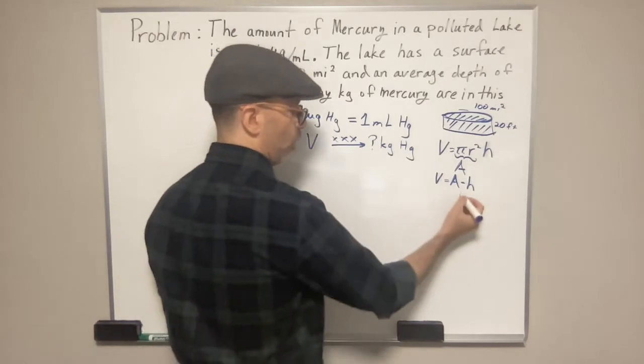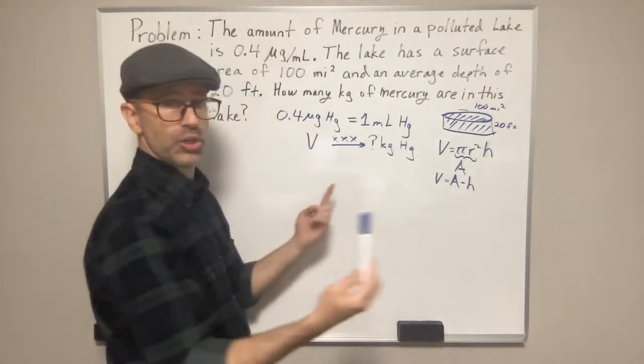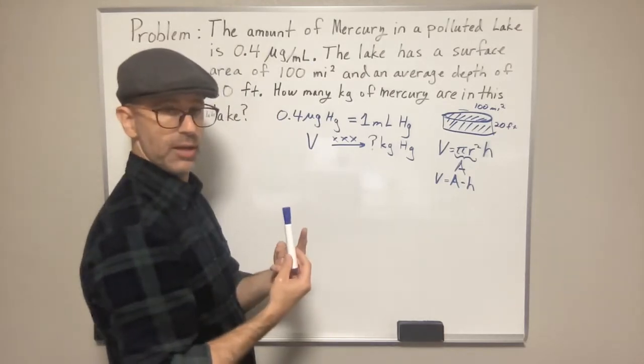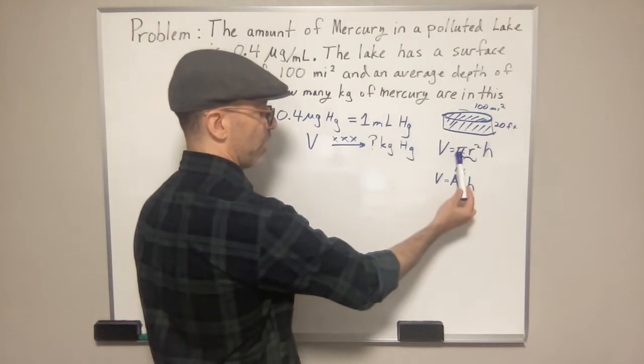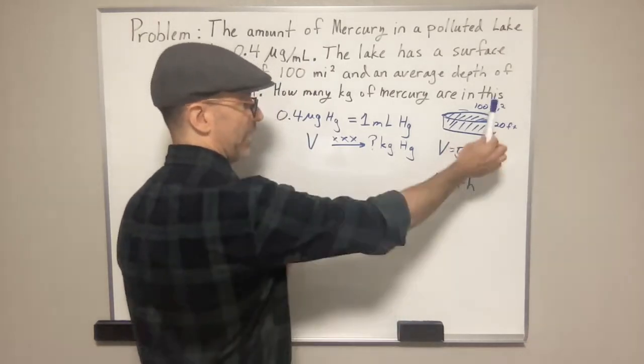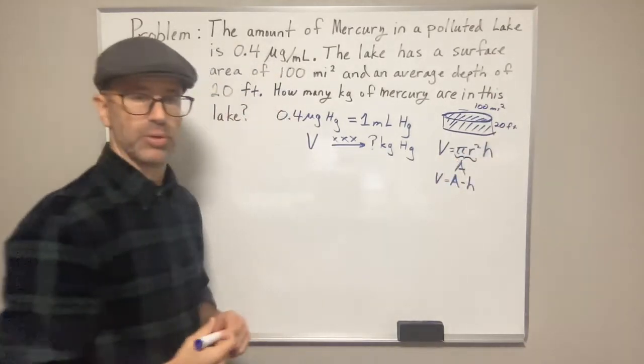In this case, if it was a circular cylinder, the area is found by pi times the radius squared. But again, they gave us the surface area, so that's what we're going to plug in.